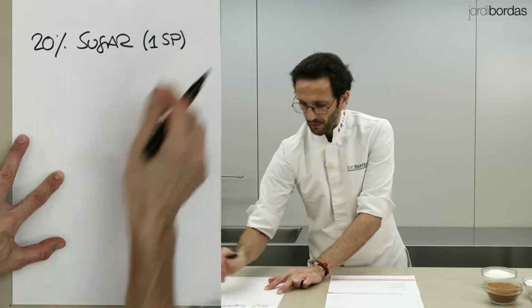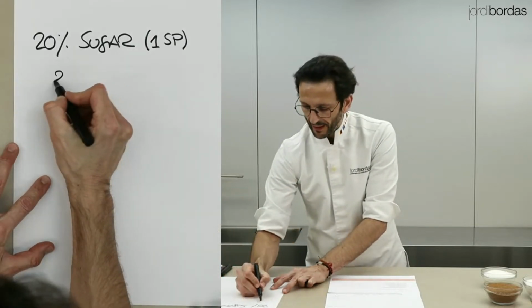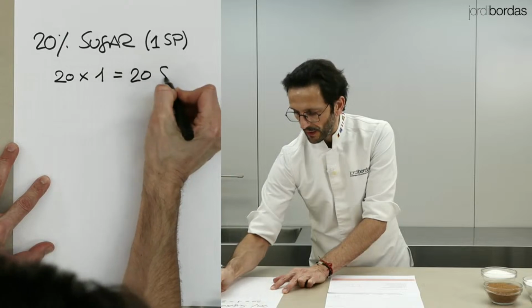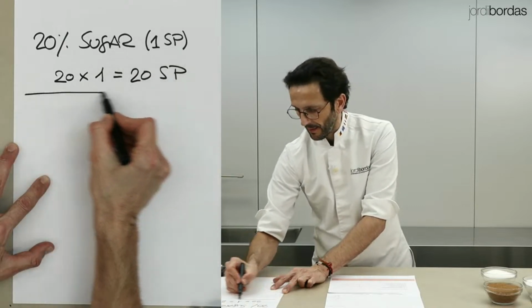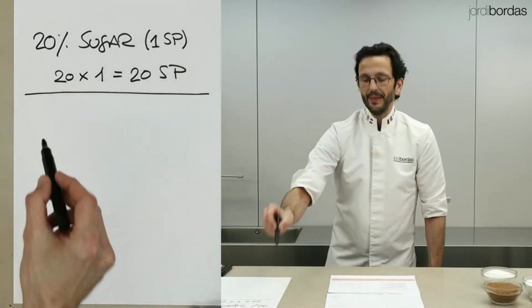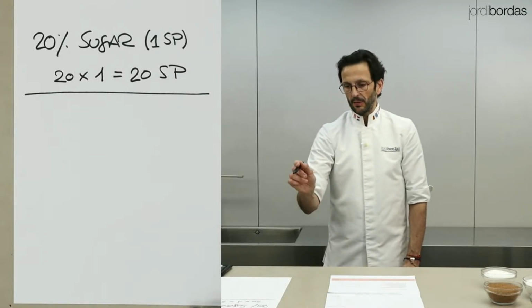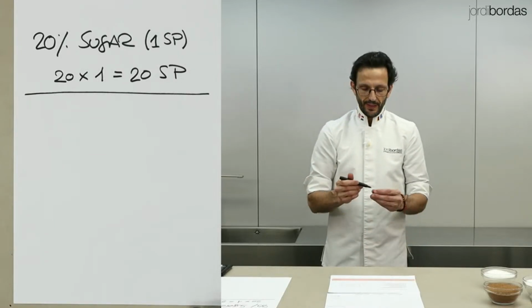That means that 20 multiplied by 1 gives us 20 sweetness points. That means that a recipe that has 20% of sugar gives us 20 sweetness points in our recipe.